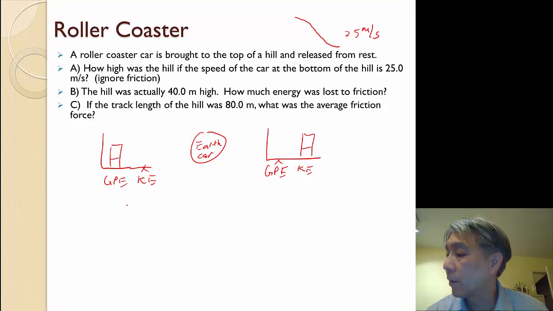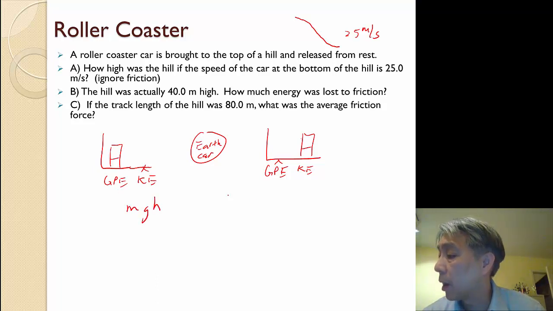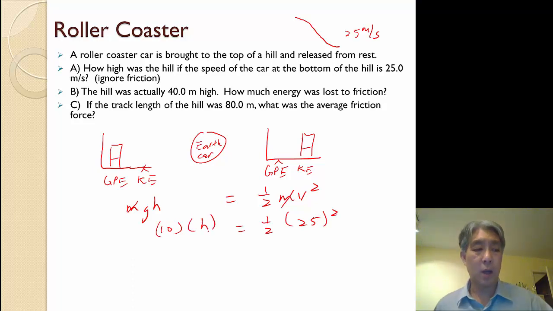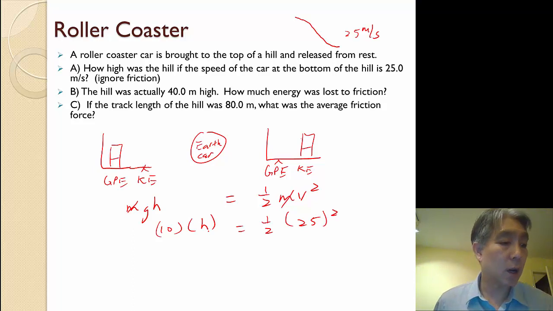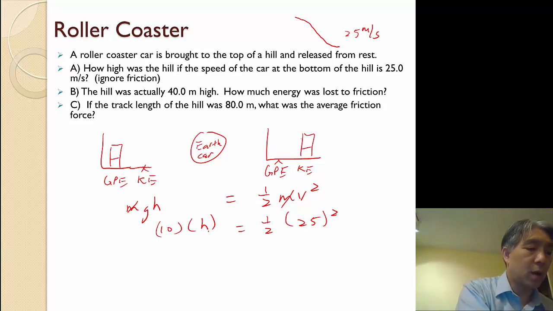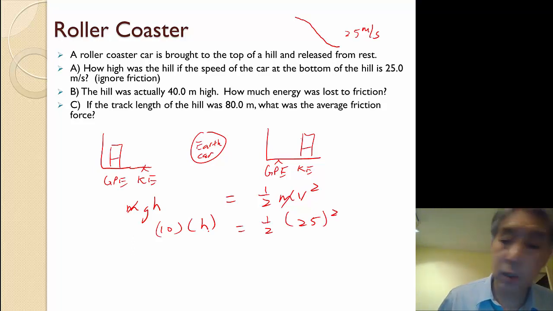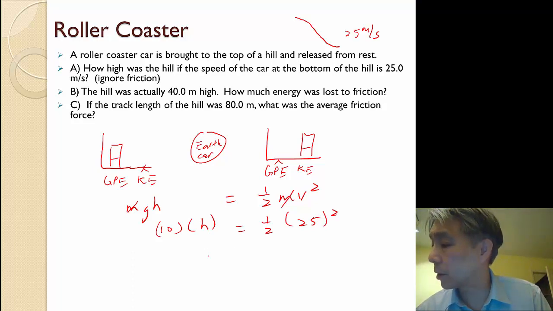So here I have mgh, and that's going to equal 1/2 mv squared. No m, go away. And this is 1/2, I'm going at 25 squared, and that's going to equal 10 times its height in the beginning. And if I do that, I find out that my height is a little over 31 meters.